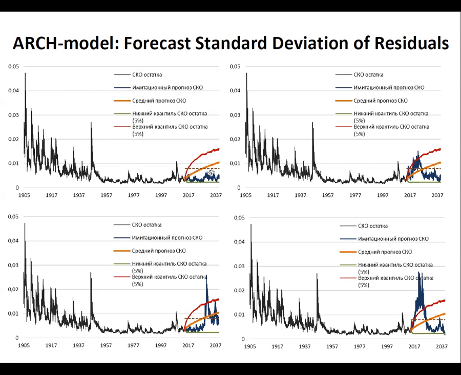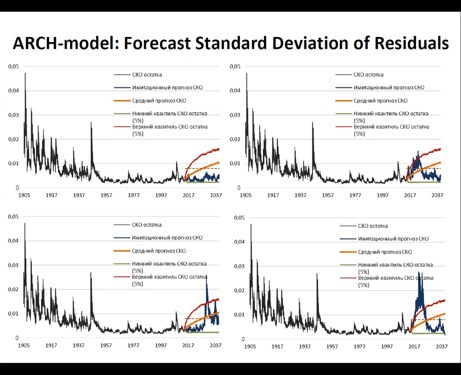Here it is dotted. And by including the ARCH effect in the model, we got such a forecast for this volatility. This orange line here is the average volatility forecast. The lower quantile of the prediction, the upper quantile of the prediction, and in essence, we predicted volatility more accurately with the ARCH model.